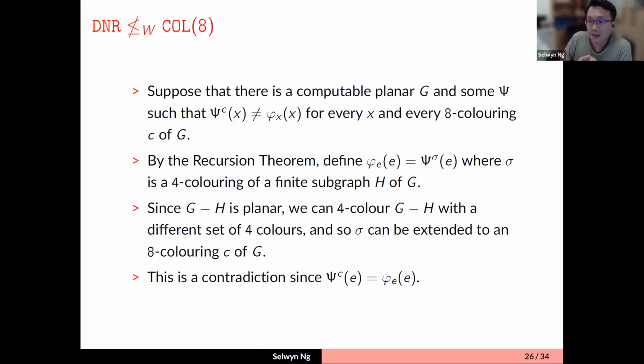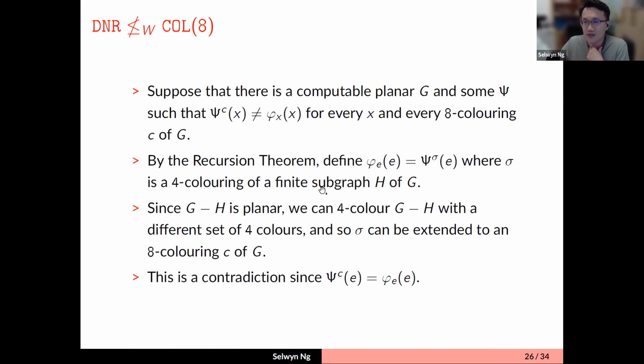I'll quickly give a hint as to why this is the case, and basically the easy explanation is just because 8 equals 4 plus 4. You can do things first by looking at 4 colors and then filling in the rest of the graph with the remaining 4 colors to diagonalize. Basically, suppose that there is a reduction.